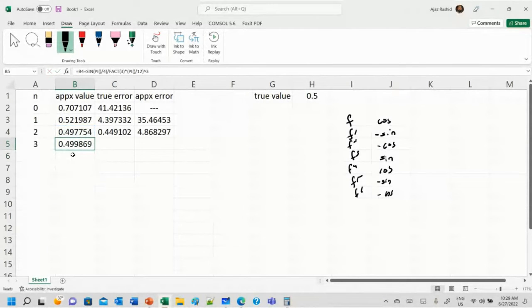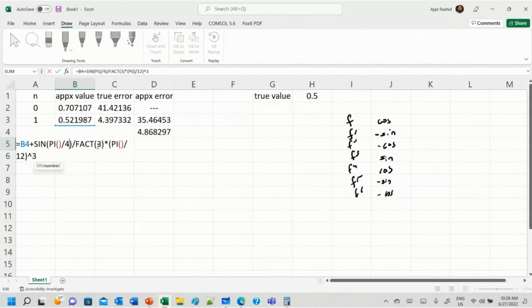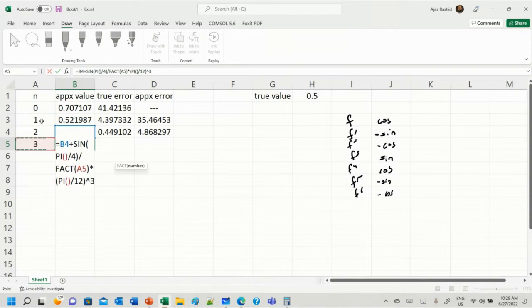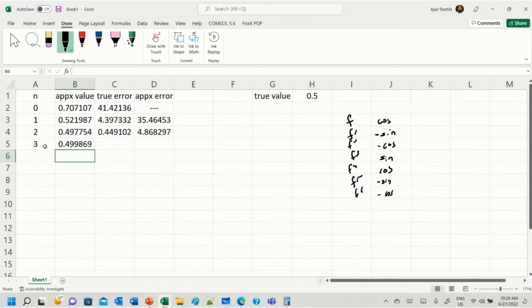I can see here now that it is factorial 3 and power 3, so instead of this, I'll put the number here, so that next time it becomes easier for me.